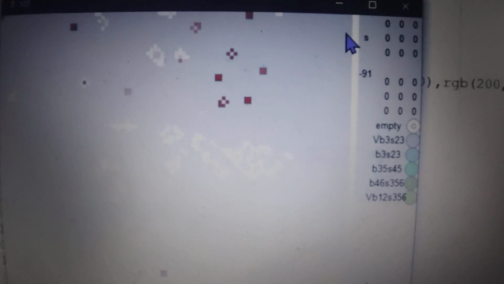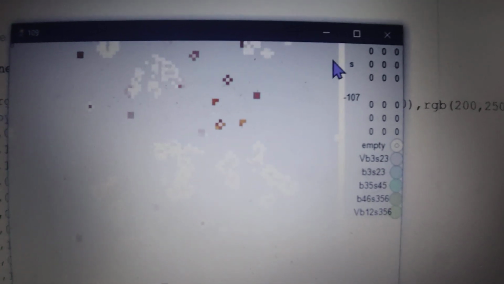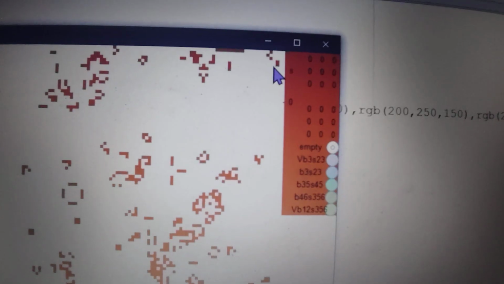And now we go to the heat cam, to the age cam, and they are increasing in red. They are increasing in red until... What happened? Oh no, what happened here?